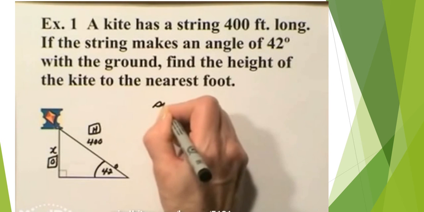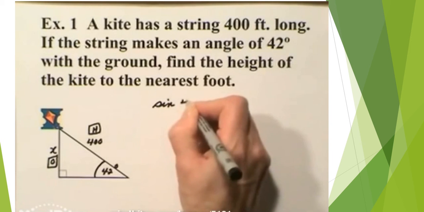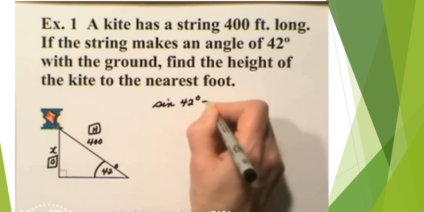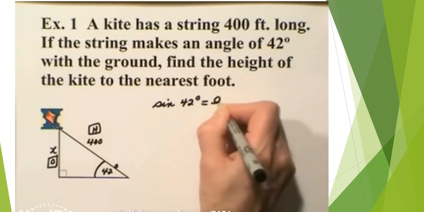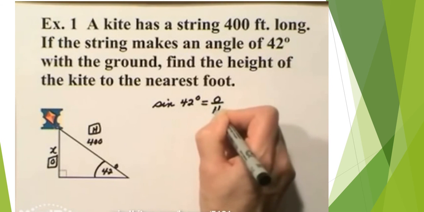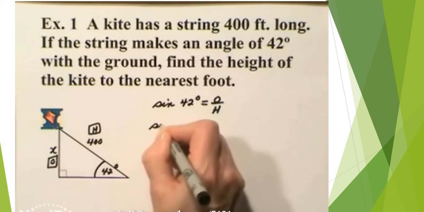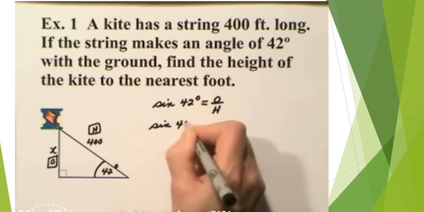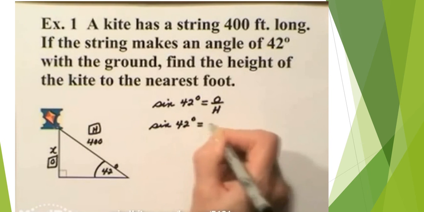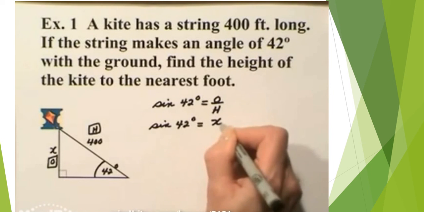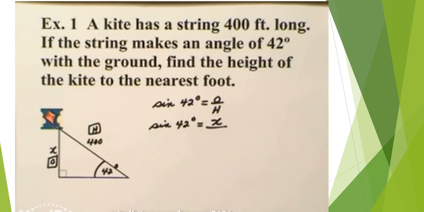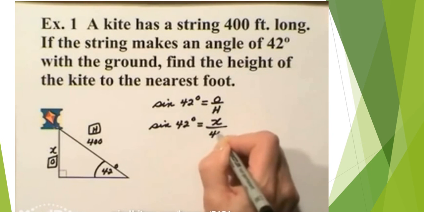I'm going to write the sine of 42 degrees is the opposite side divided by the hypotenuse. In this particular question, the opposite side is represented by x, and the hypotenuse is 400.